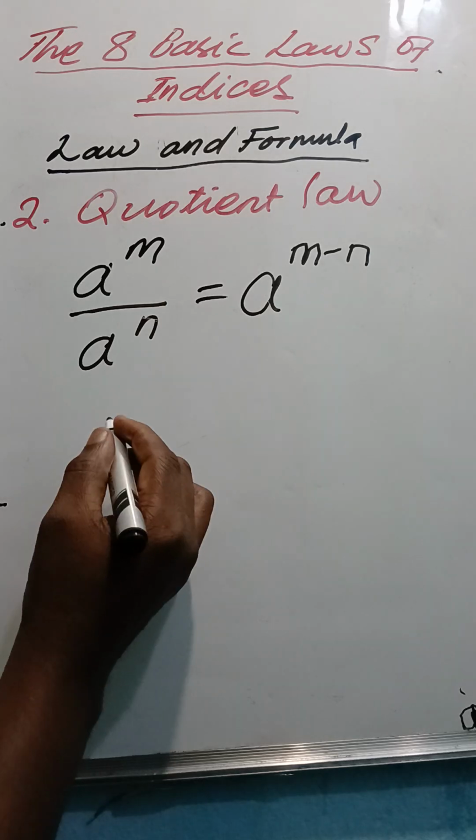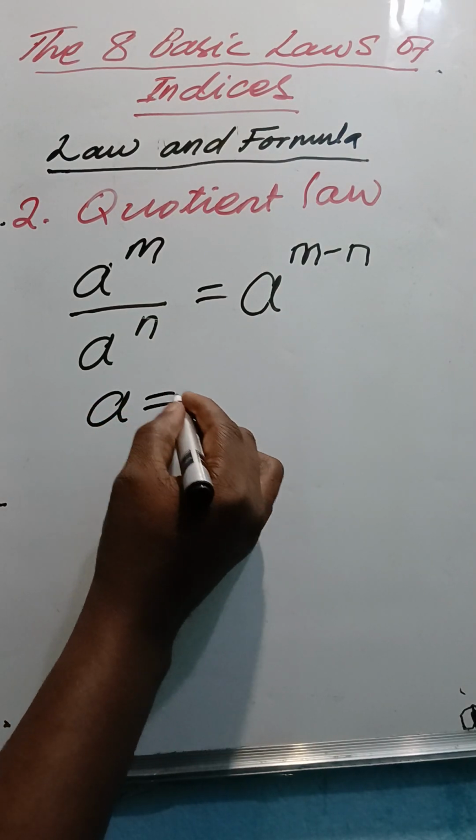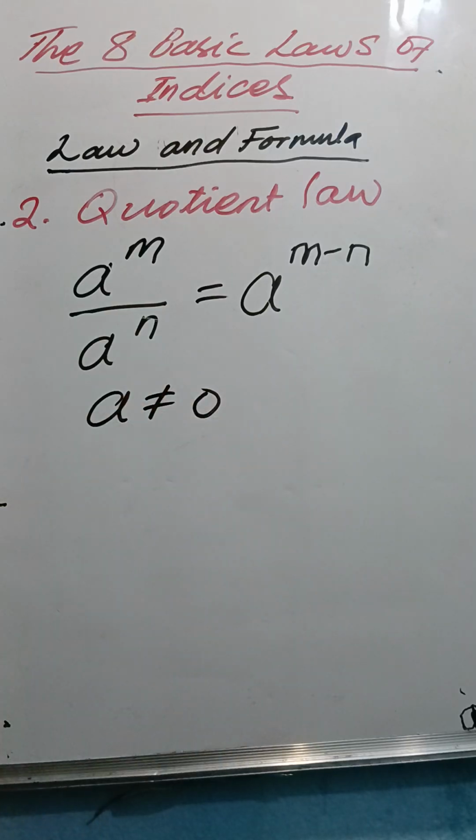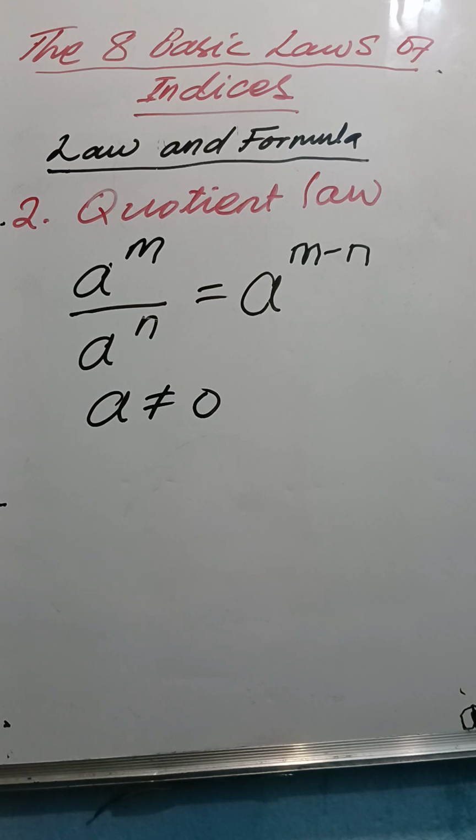So this also means a is not equal to 0. And a is a real number. m and n are either positive or negative integers.